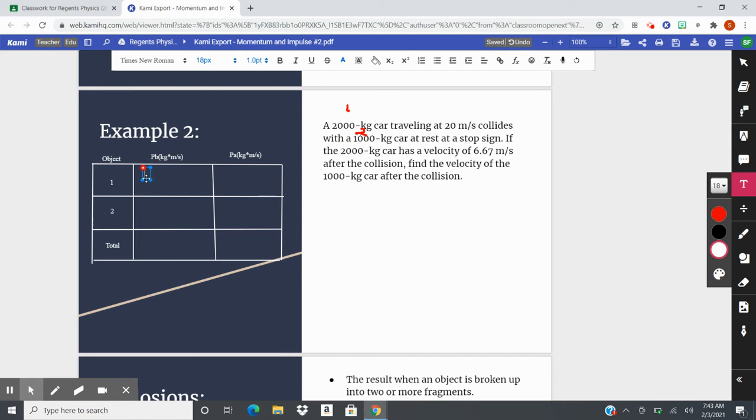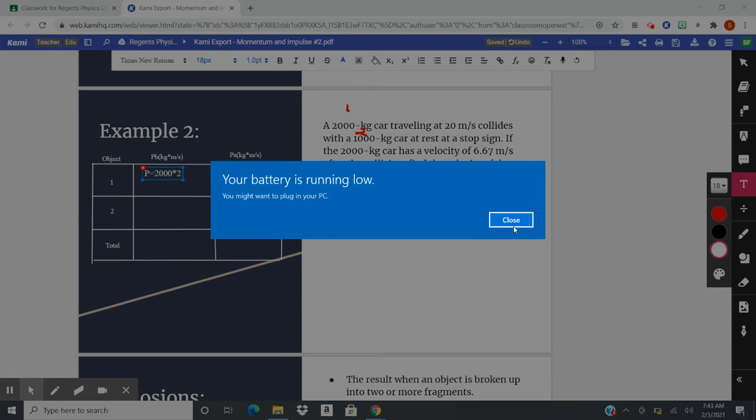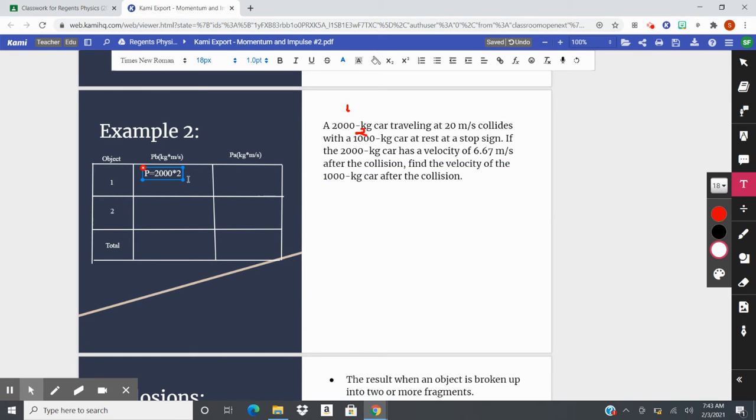Let's solve for the momentum of object 1 before the collision. It says the mass is 2,000 kilograms, and it is traveling 20 meters per second. My battery's running low, so we're going to hurry up here. Let me plug it in real quick for you. Give me 1 second.